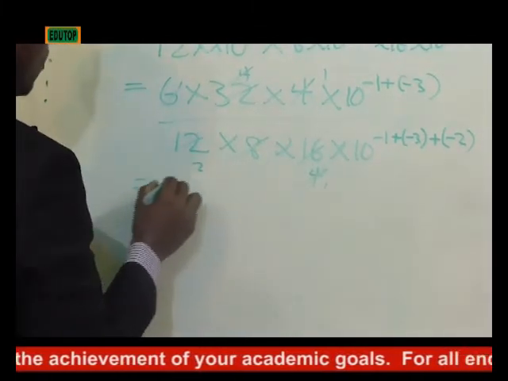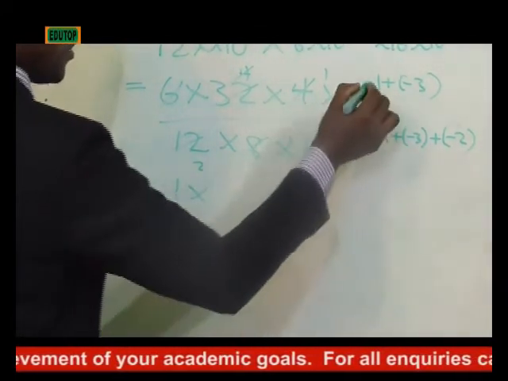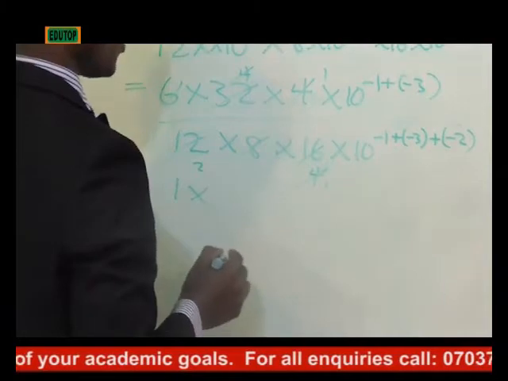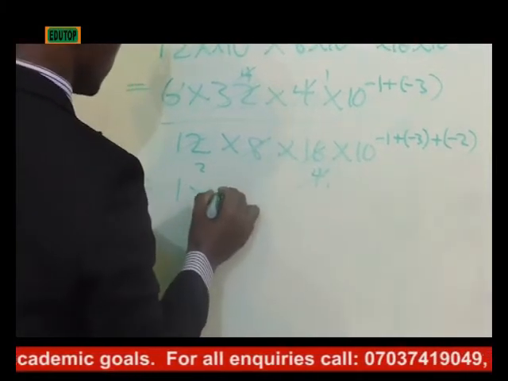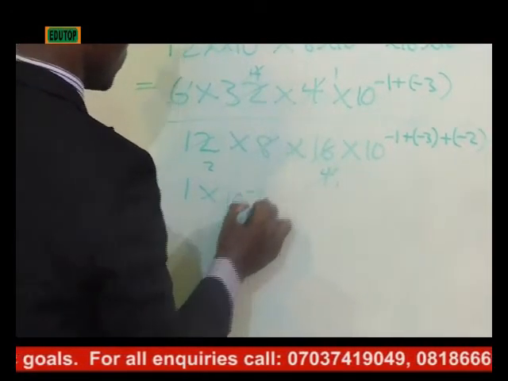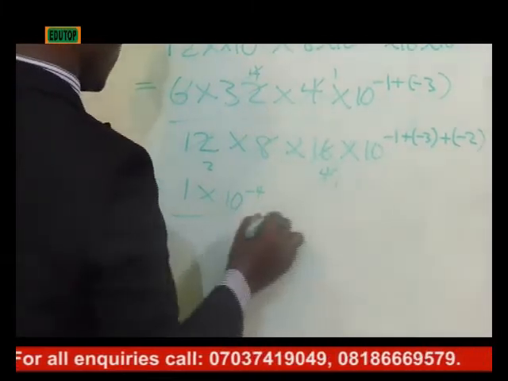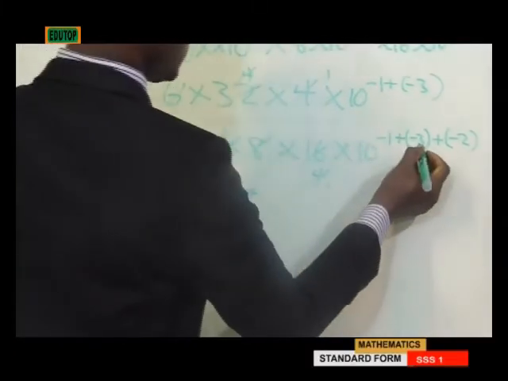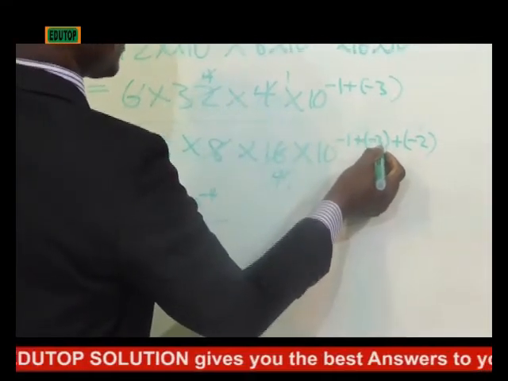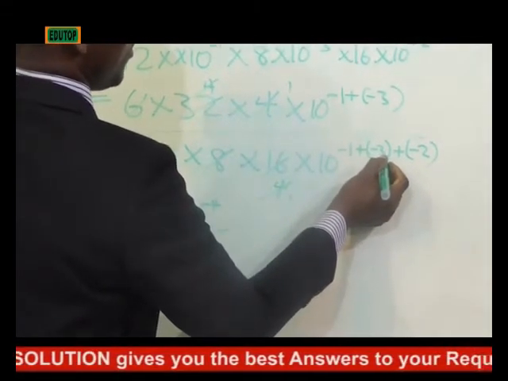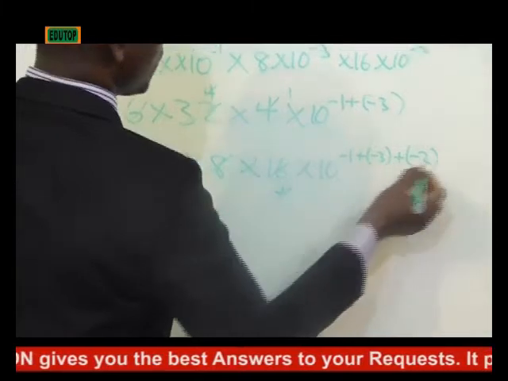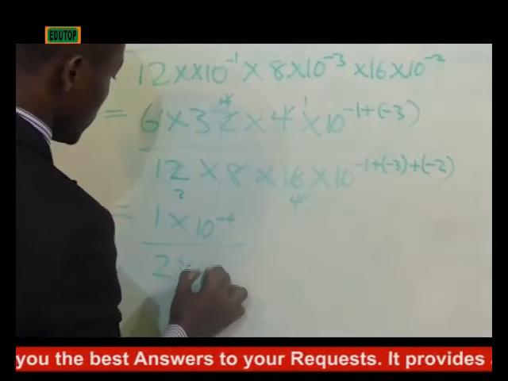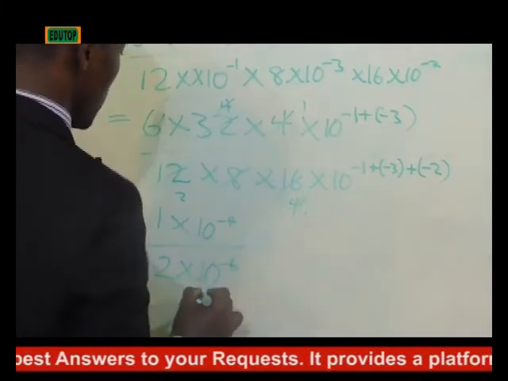So we are now having 1 times 10 raised to power, minus 1 plus minus 3 is minus 4. All over 2 times 10 raised to power, this minus 1 plus minus 3 is minus 4. Minus 4 plus minus 2 is minus 6. That's 10 raised to power minus 6.